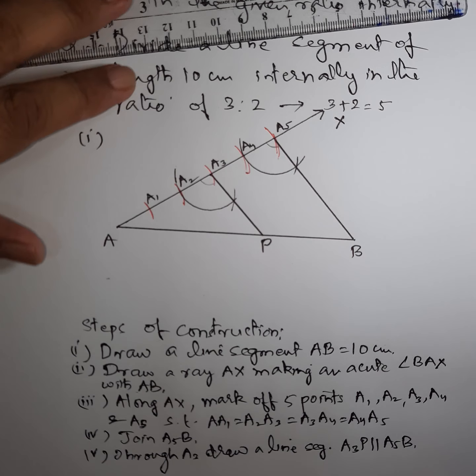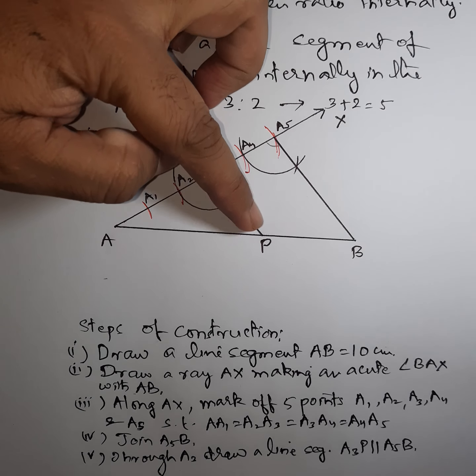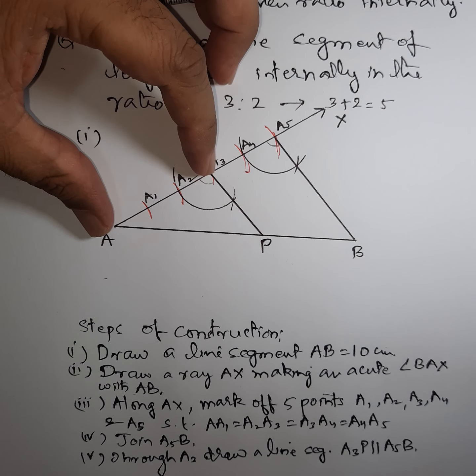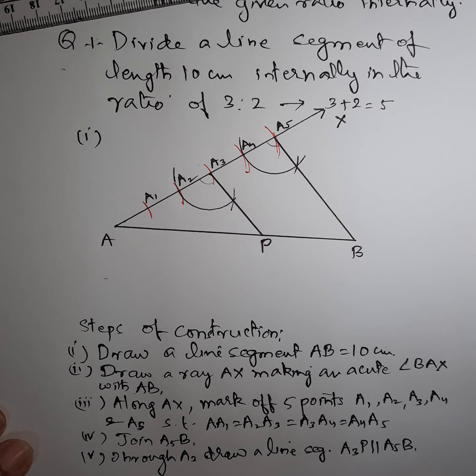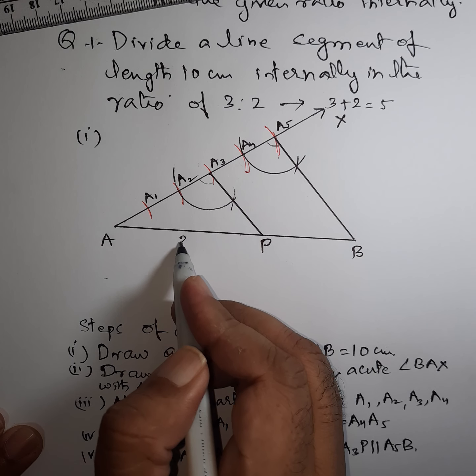As you have seen, these are two parallel lines, and the other part of this parallel line divides into 2:3. So obviously this AB is divided in the ratio of 3:2.